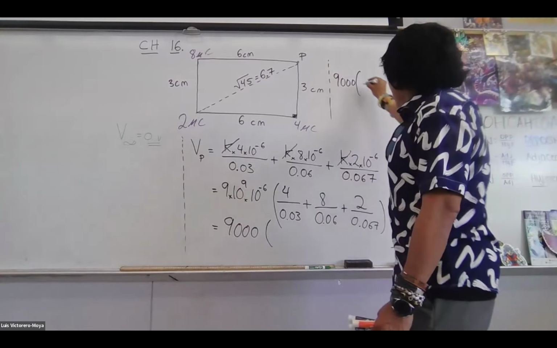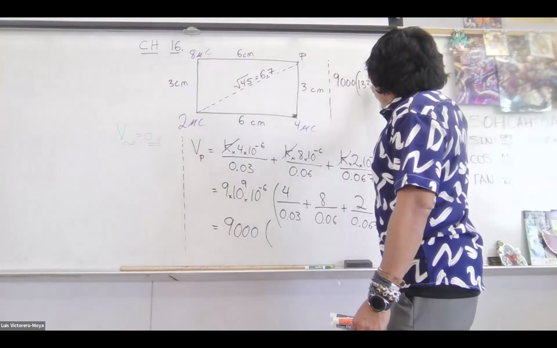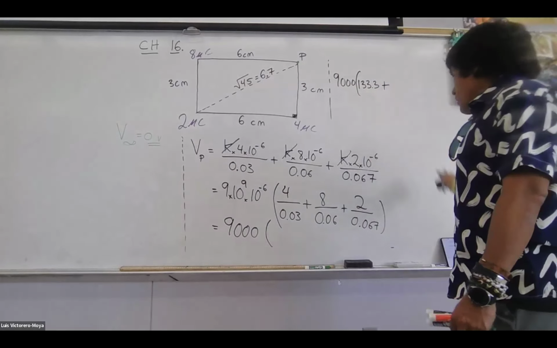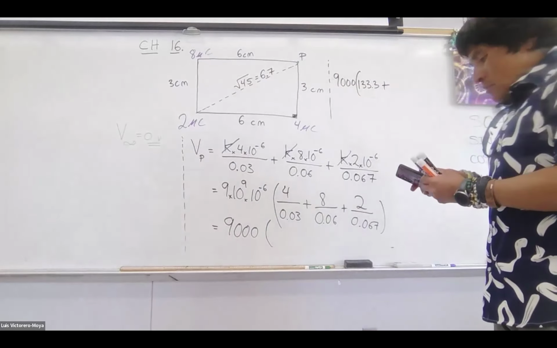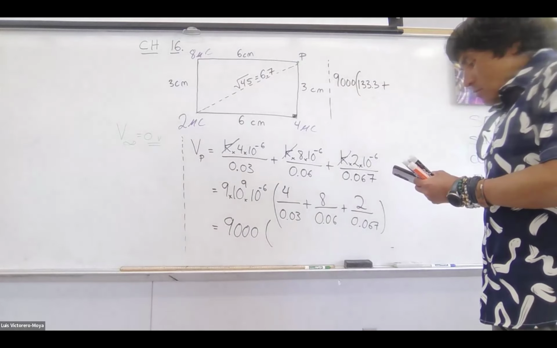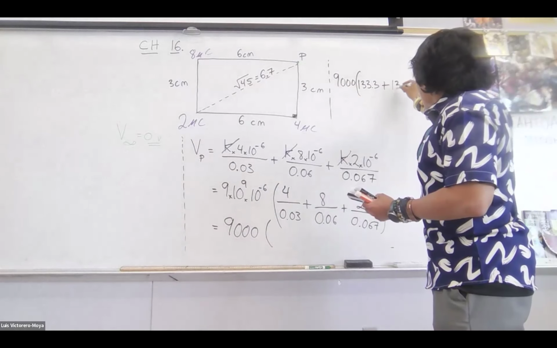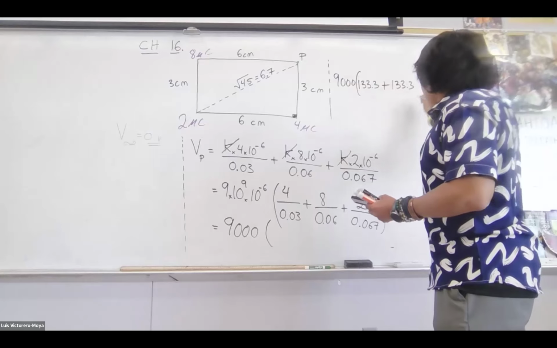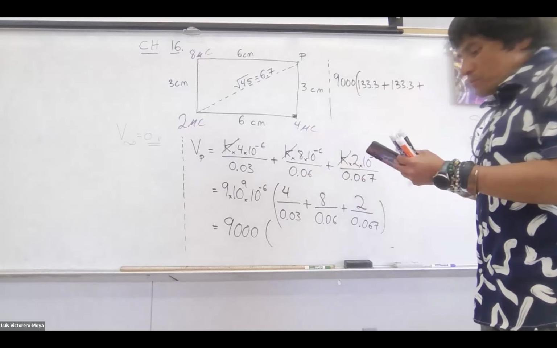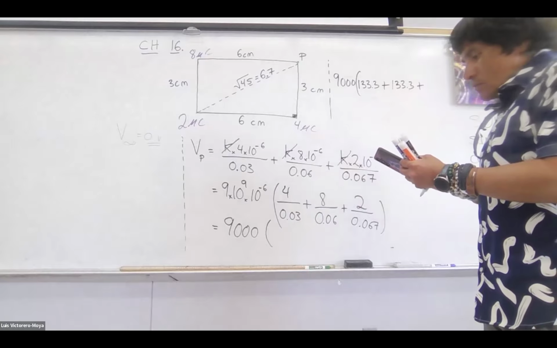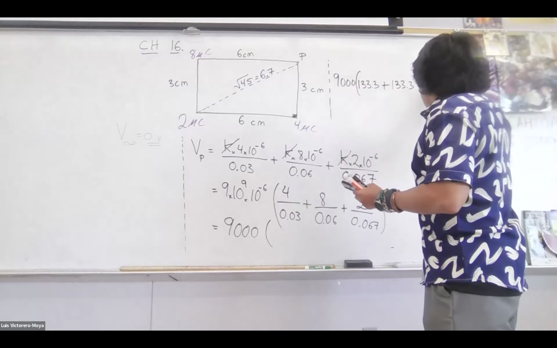I get 133.3 plus, that would be 8 over 0.06, 133.3, plus 29.9.